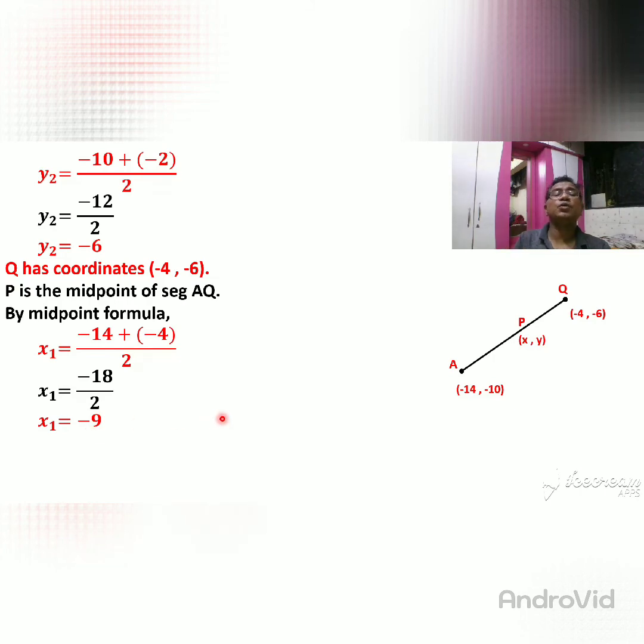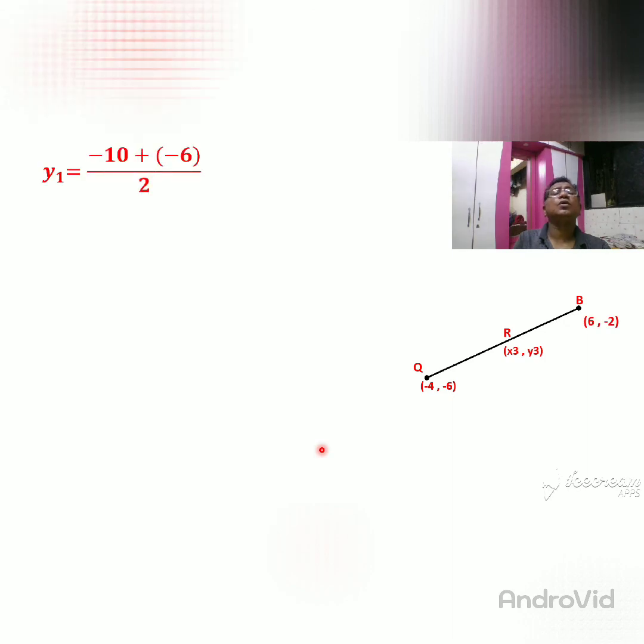Any doubts? Then I want to find y1. With the help of the midpoint formula, y1 is equal to minus 10 plus minus 6, divided by 2. Both 10 and 6 are negative, the signs are the same, so we can do addition: 10 plus 6 is 16, with the negative sign.